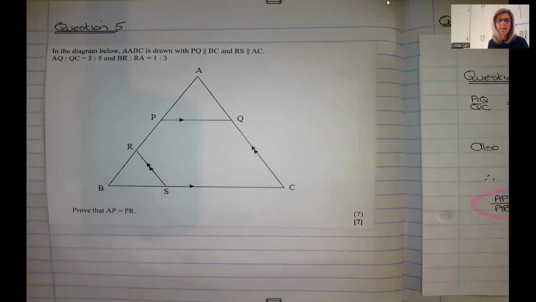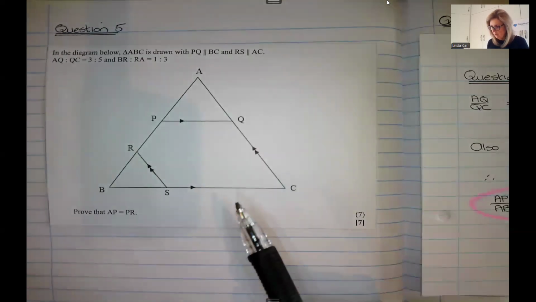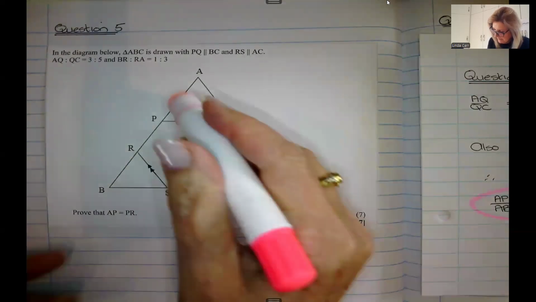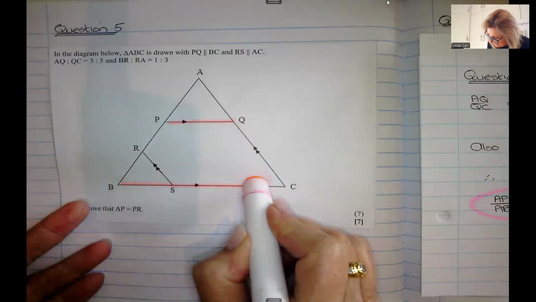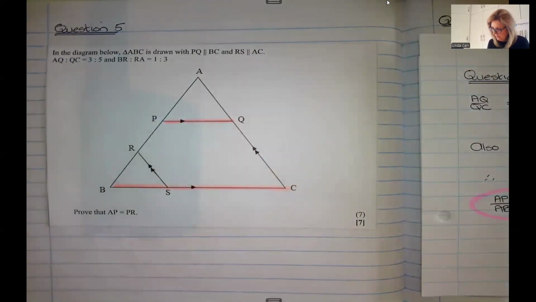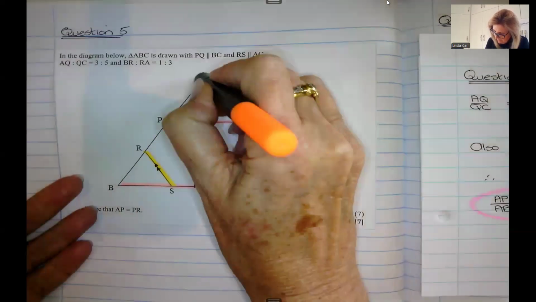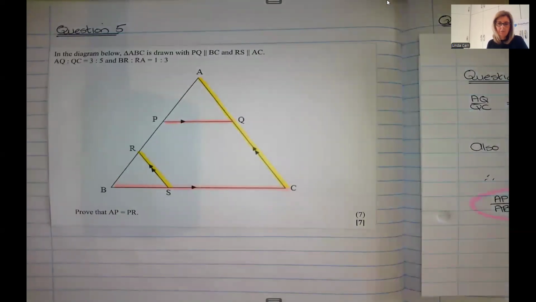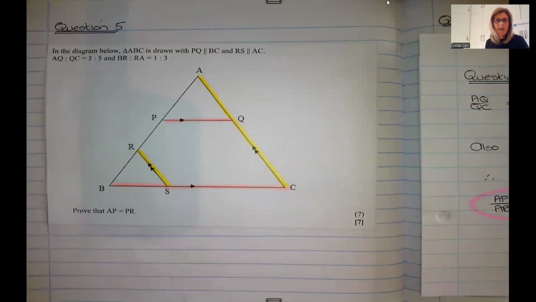In the diagram below, triangle ABC is drawn with PQ parallel to BC. Okay, so they're going to play around with parallel lines here. And RS parallel to AC. So we might be in a position where we've got to turn our sketch around a bit here.